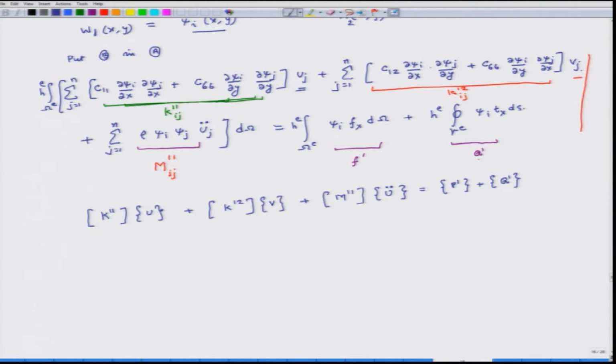What you see is that in this equation there is no M12, there is only M11.